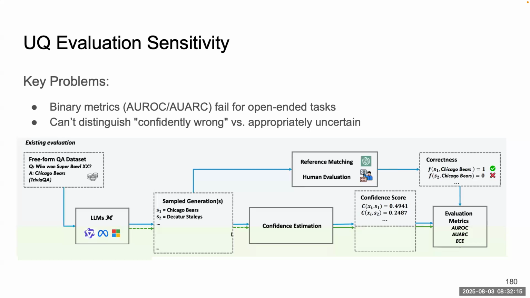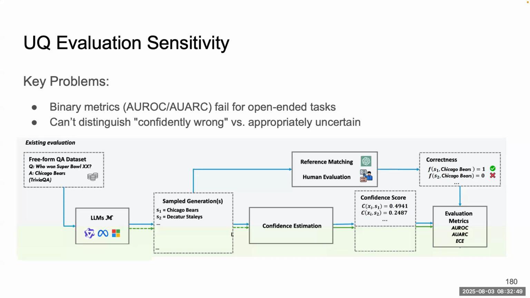But for open-ended tasks, you are relying on some external model to judge whether the answer fits your golden answer, right? So this is a general evaluation step: you have an existing method, you have a long-winded model, you generate multiple times, then you calculate their confidence, you get the confidence score, and you compare it with the correctness of the generated answer.